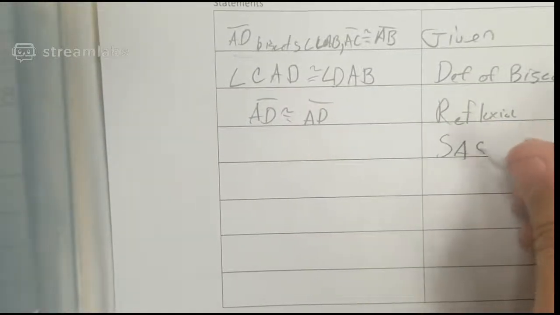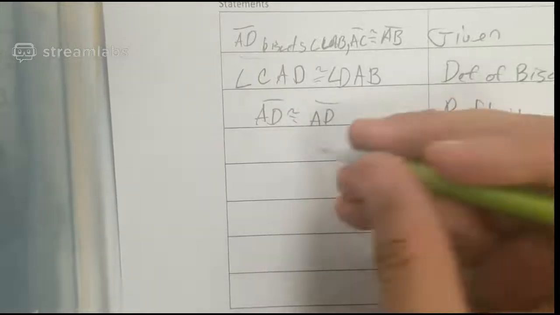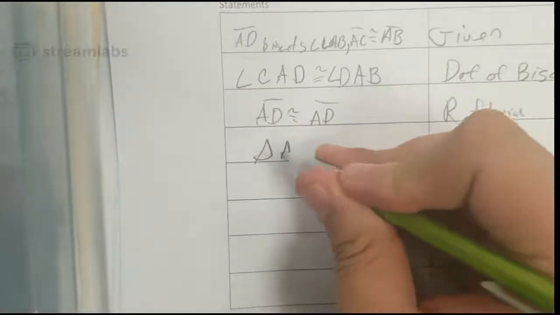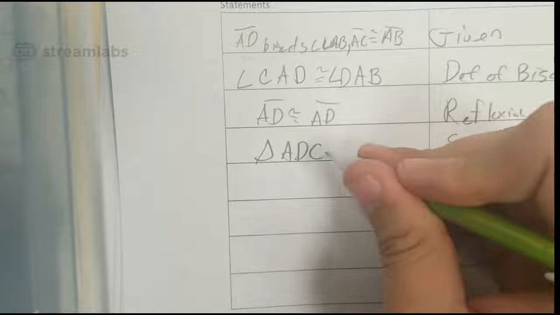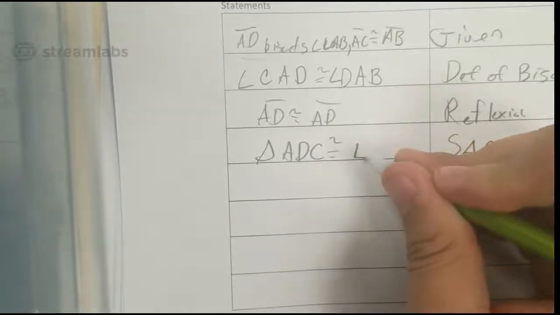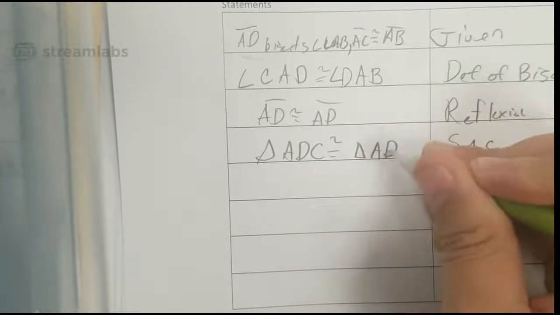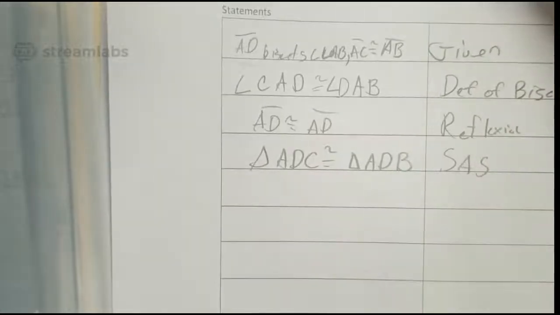So we have to give the reason that matches that: side, angle, side. And that is the proof statement, triangle ADC is congruent to triangle ADB. So that's that proof. Again, the proofs are not on the test, but it's good to know the reasons because those will be asked in their own way.